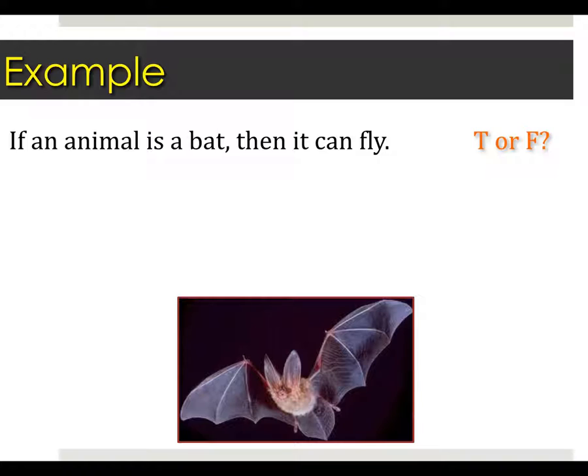If an animal is a bat, then it can fly. Emily, true or false? True. Again, there's probably a bat that got its wing caught in a weed whacker and just runs in circles. But in general, bats can fly. Good. What's the converse, Emily?